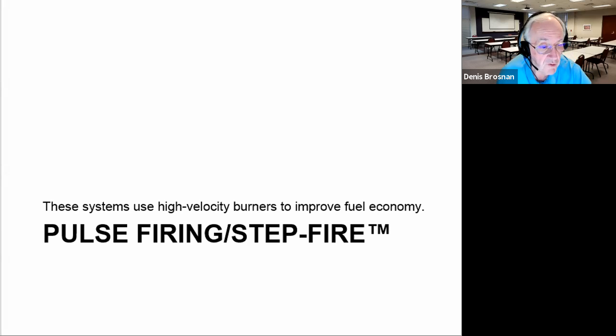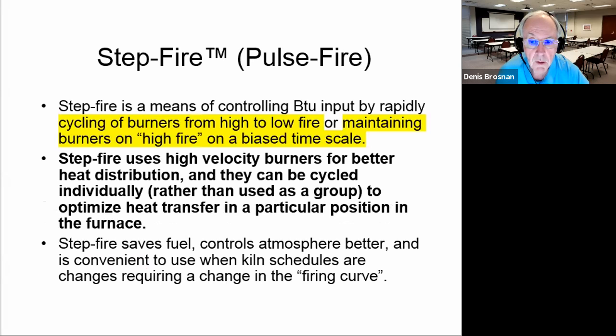So the idea is to have a special burner, a high velocity burner that contains a lot of the combustion to create pressures that force a jet of hot air, combusted air, very high temperature air, and maybe some combustibles into the kiln atmosphere to get more even heating in the kiln.